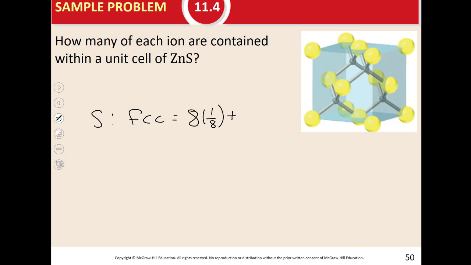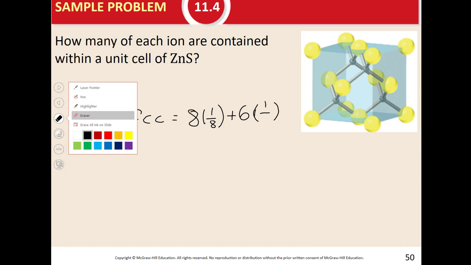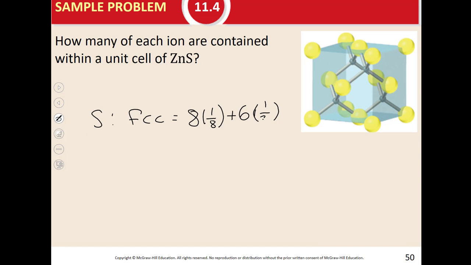How many faces are there on a cube? 6, good. Each face atom is what fraction? Half, good. So how many sulfur atoms are in this? 4, good. So there are 4 of the sulfur ions.